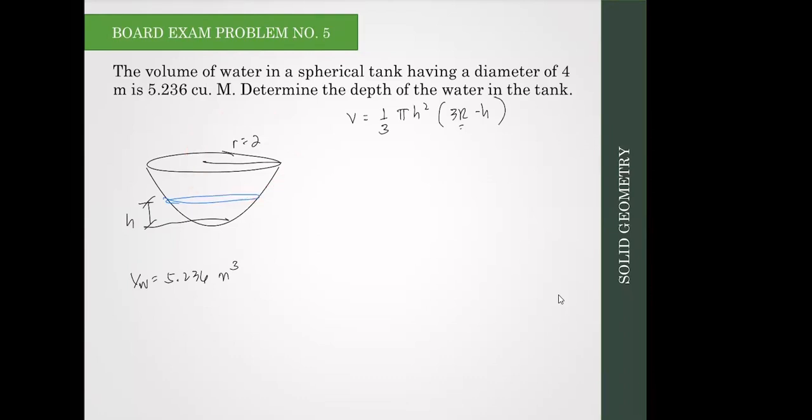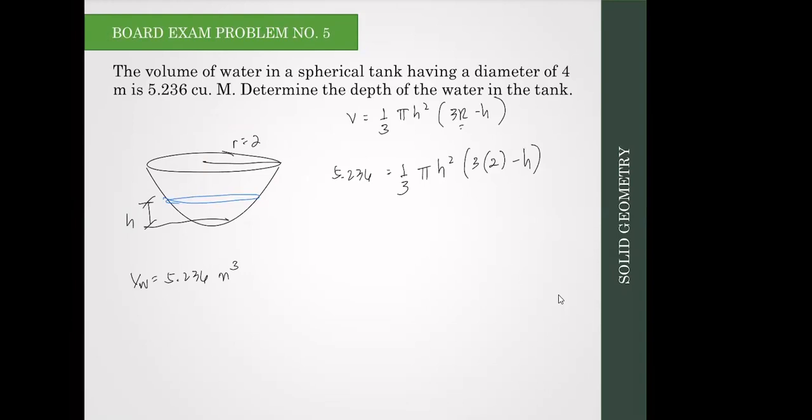So, may given tayong volume ng water. Ang wala sa atin is si height. So, substitute lang natin. 5.236 is equals to 1/3 pi. H is unknown. Then 3 times yung value ng r natin, ng sphere, minus h.